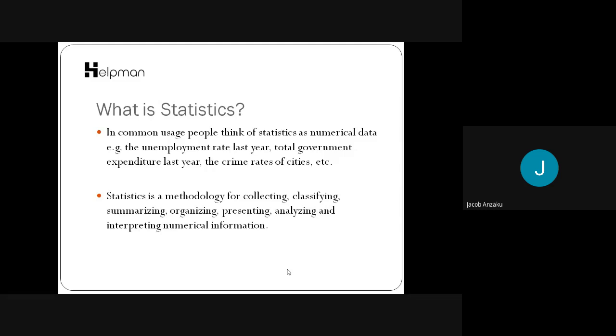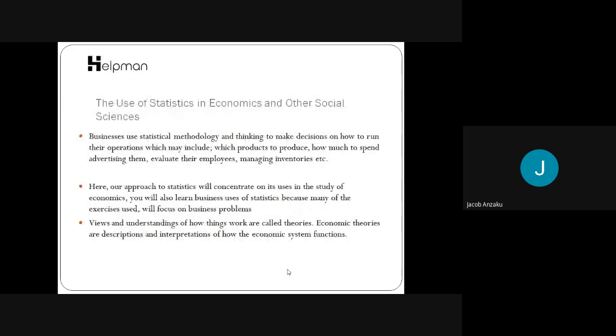Which means statistics is more than just numerical data. We'll look at it as a methodology. As we go on, we will come across a lot of other things that will give us more important information and how we can apply statistics in economics and in business.